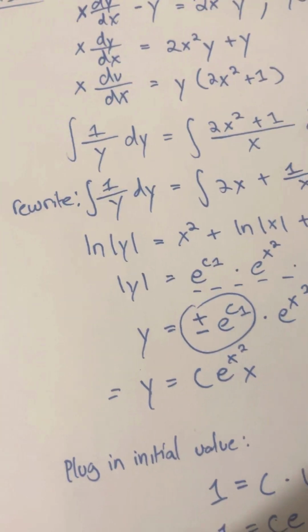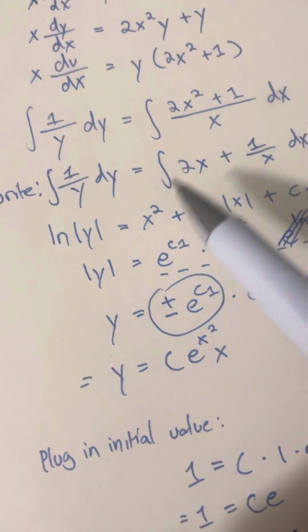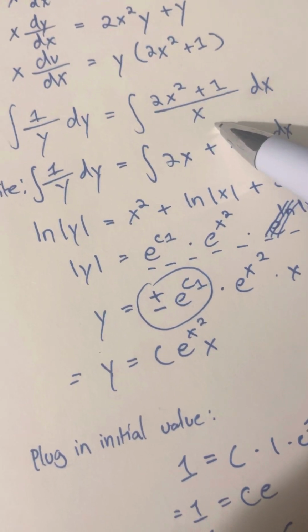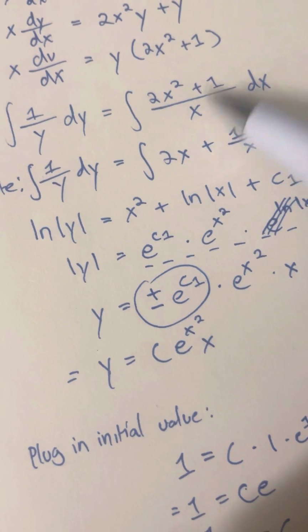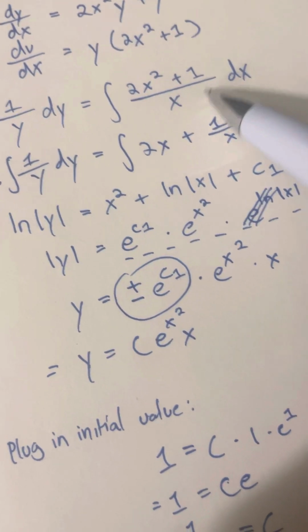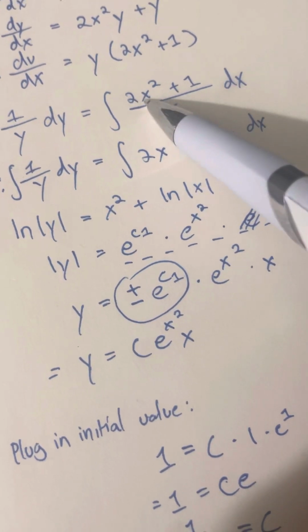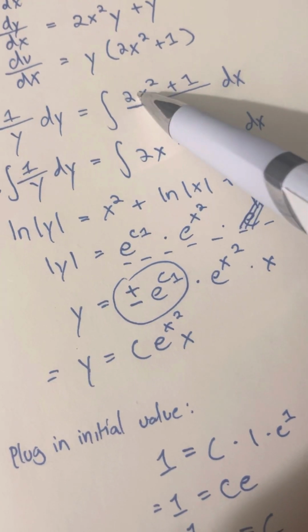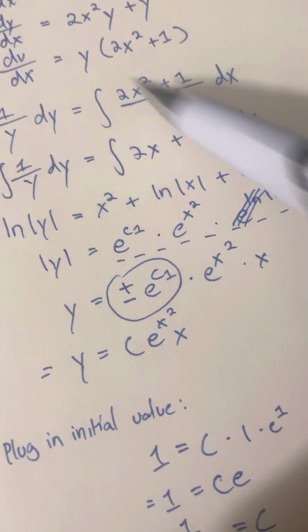So now let's rewrite the equation. What you could do here is cancel out an x, but to do that, you have to separate the fraction. So instead, you can make it 2x squared over x plus 1 over x. If it's in the original form, you can't just cross out an x, right?